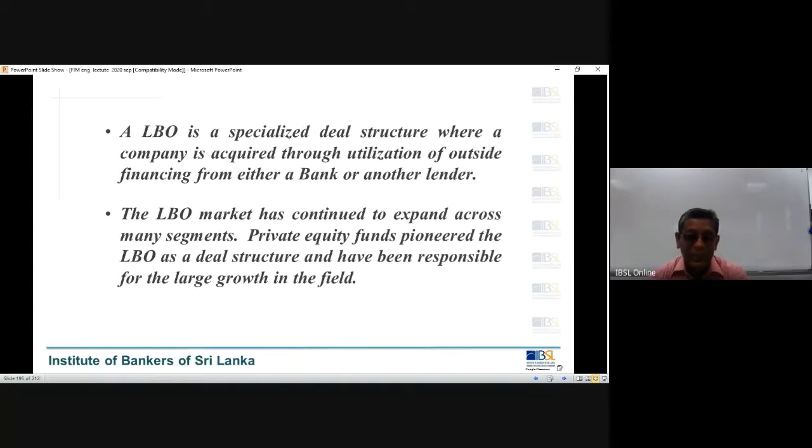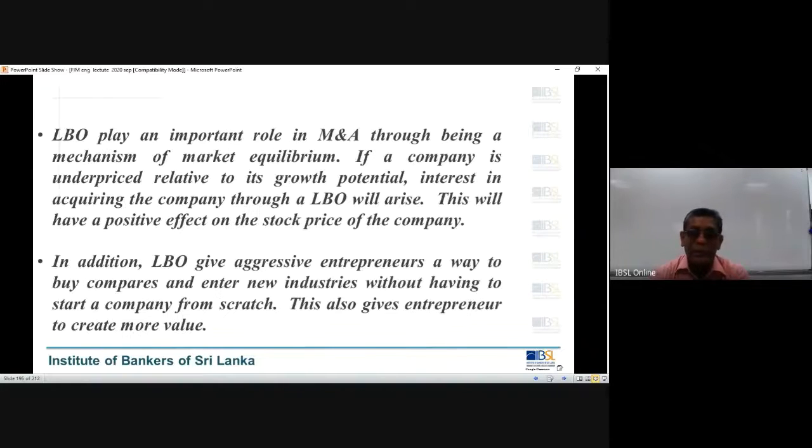But to understand, I've told you what leverage buyout means: using third party loans to purchase a particular targeted company. So that is LBO, leverage buyout.